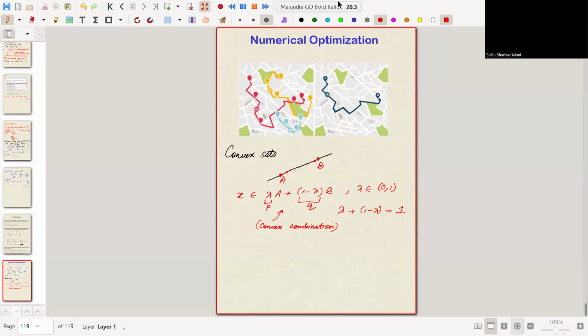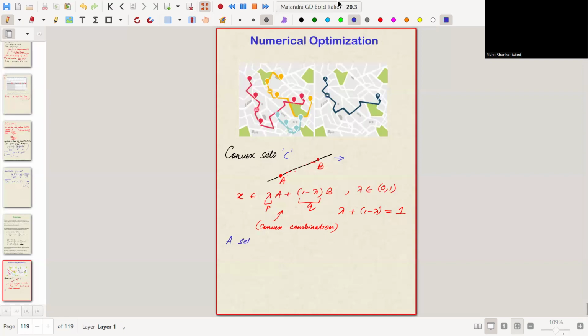So this is the informal definition, but maybe I will write a formal definition here. So this is a straight line. A straight line is a very nice example of convex sets. I'll write a formal definition here. Say your convex set is denoted by C. Suppose C, I'm calling it a convex set.